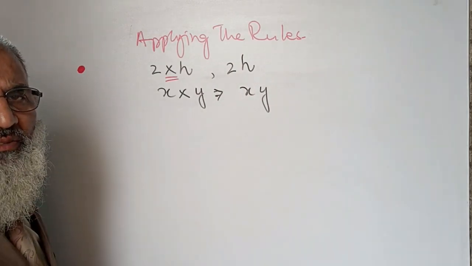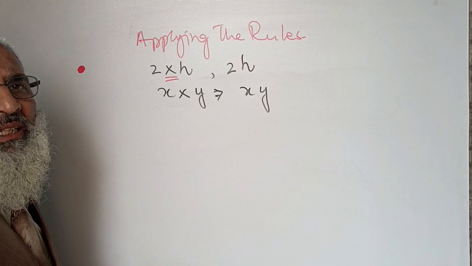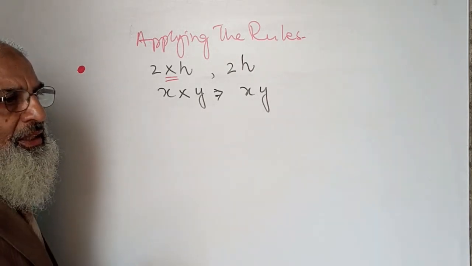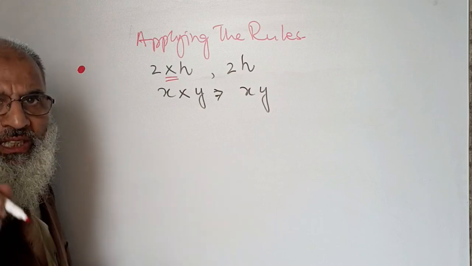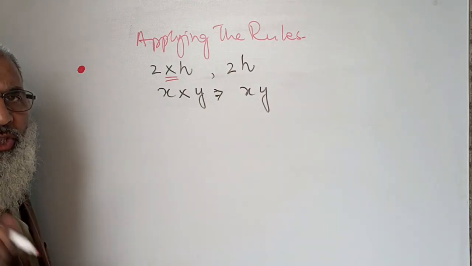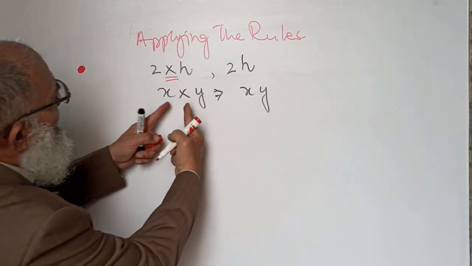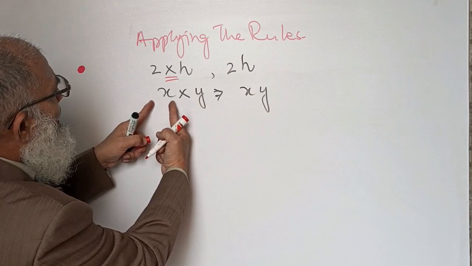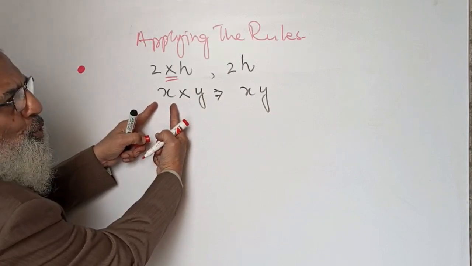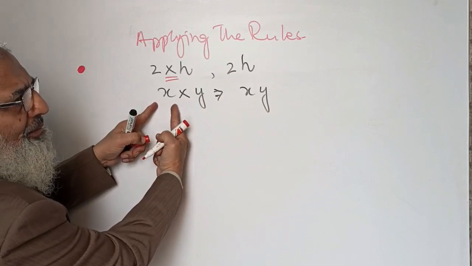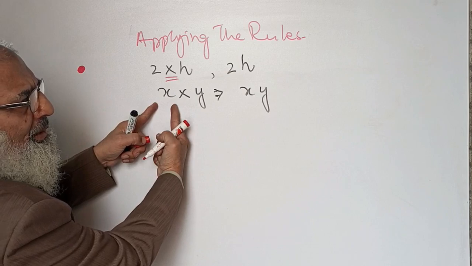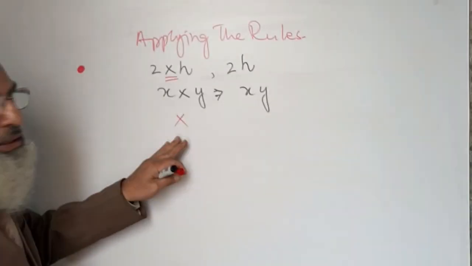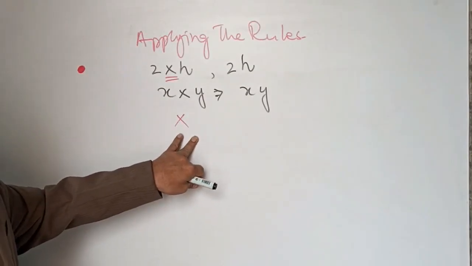And the second thing, we don't use the x sign for multiplication for one more reason: this multiplication sign resembles the most commonly used variable, and that is x. Sometimes students write x like this.